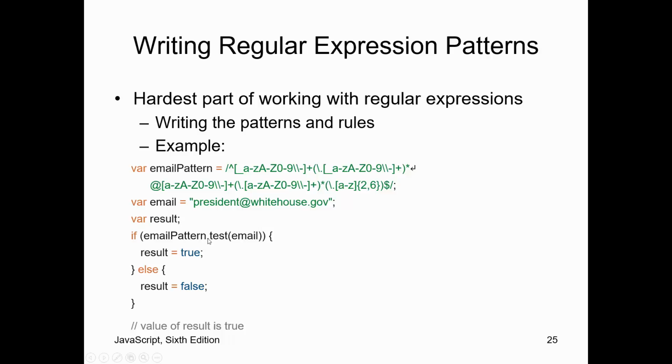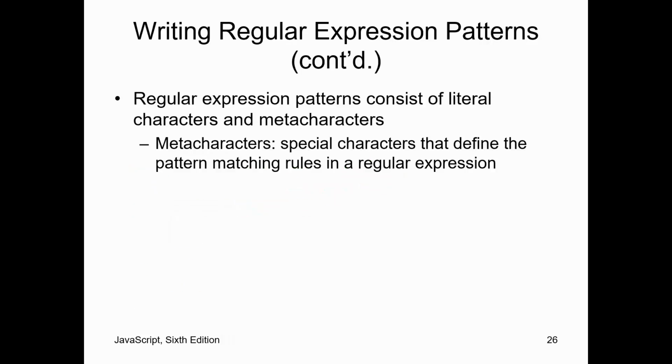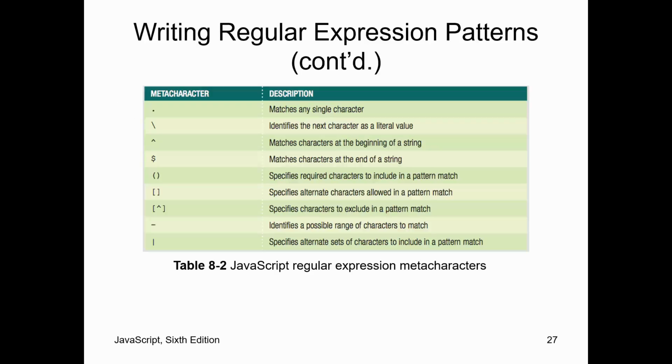So what this is saying is you would pass in an email address and you'd run the email pattern on it with a test. If it works, it'll return true. If it doesn't work, it'll return false. Regular expressions contain a lot of different stuff, including metacharacters, which I think we're going to look at probably in the next few slides.